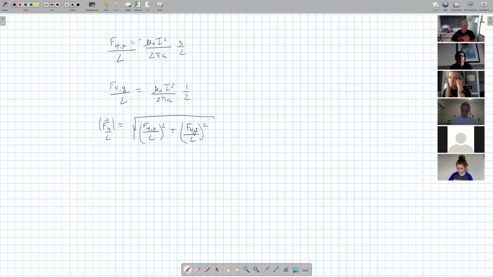I'm factoring all this out because now this factor here is the same as this factor here, so they both have that in common. So when I square it, they both have the same, and I pull it out and just get the square root of that, which is that same factor. So it's going to be mu naught I squared divided by 2 pi a times the square root of 3 halves quantity squared plus 1 half squared, or 1/4.